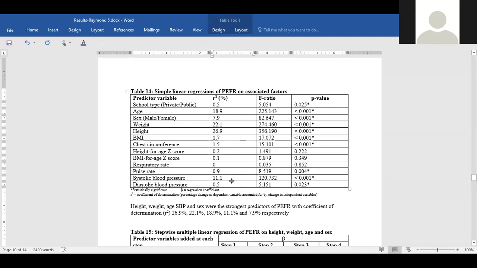Then the others are 0 point something. They are not so important. They are not even significant. Though we have hip circumference that is significant, the contribution is very minimal.